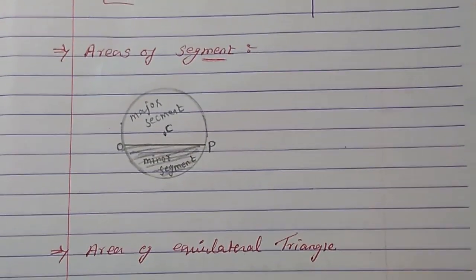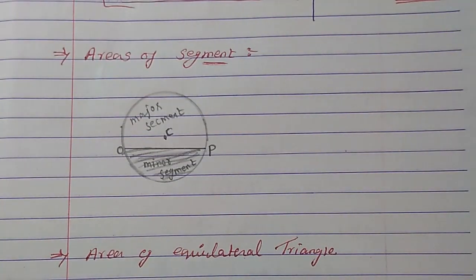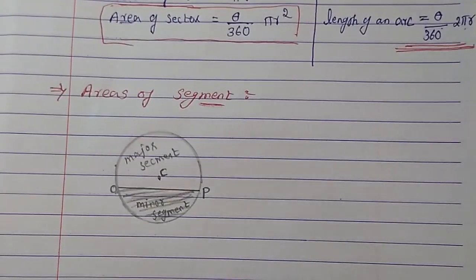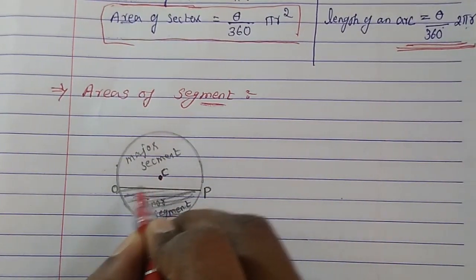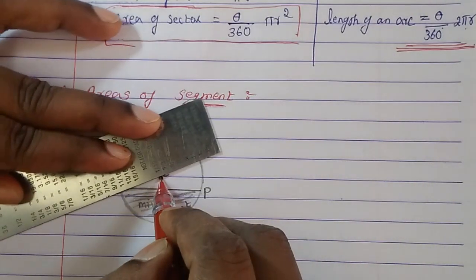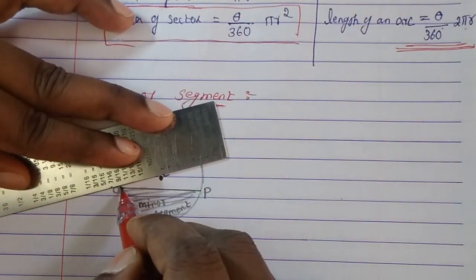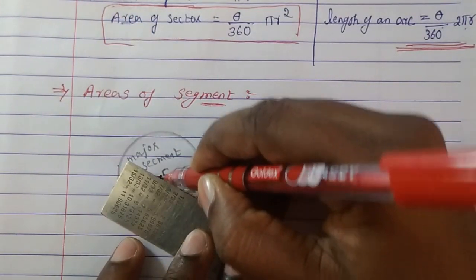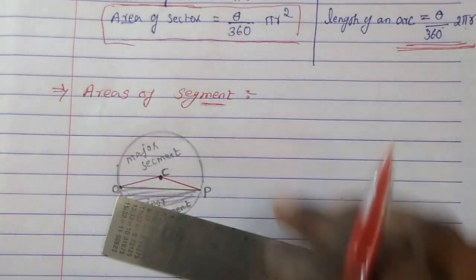Now, how do we find the area of a segment? Let's join this point. The center is here. Let us draw a radius from the center and join it here. In the same way, we draw one more radius and join it with this point.